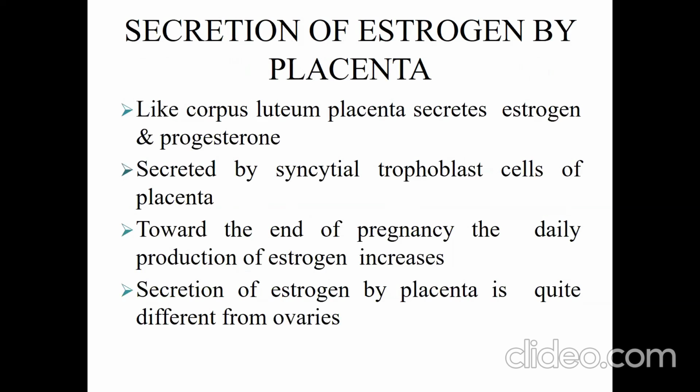The secretion of estrogen is by the ovaries and also by the placenta. When the woman is pregnant, the placenta starts to secrete estrogen. Like the corpus luteum, the placenta secretes estrogen and progesterone. The corpus luteum, found in the ovary, secretes estrogen, we know.